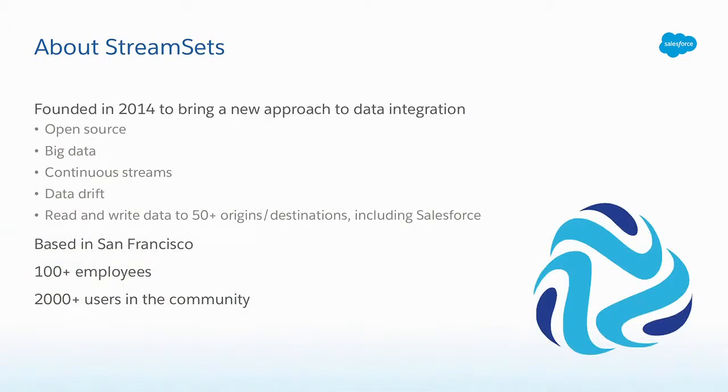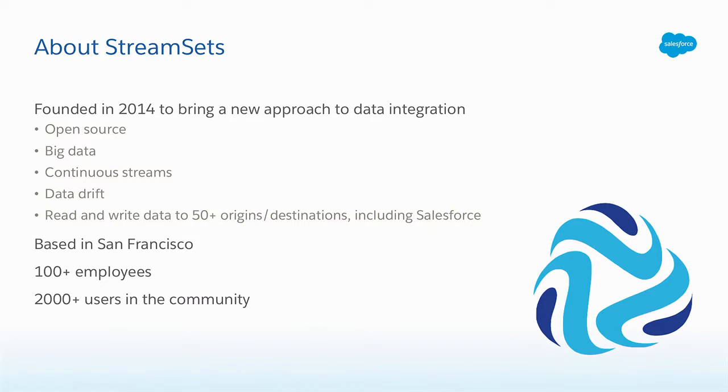And just a moment on Streamsets. Streamsets was founded about 4 years ago, and we focus on data integration. So our founders were at Cloudera and Informatica and realized that the current crop of tools there for extract, transform, load, ETL, was very batch-focused and didn't work well with continuous streams of data and big data.